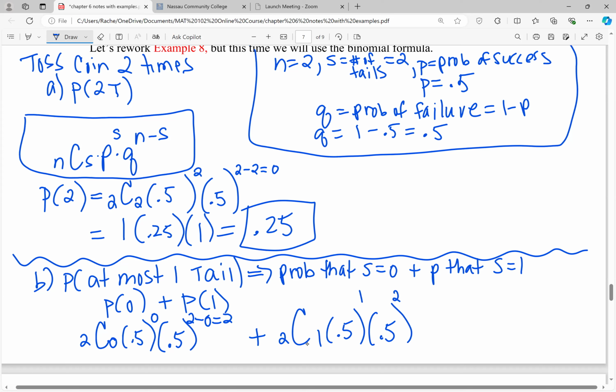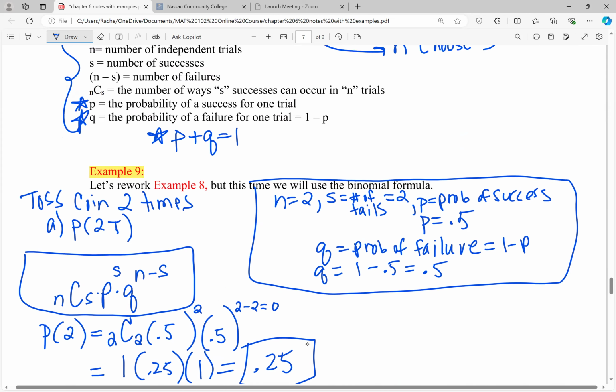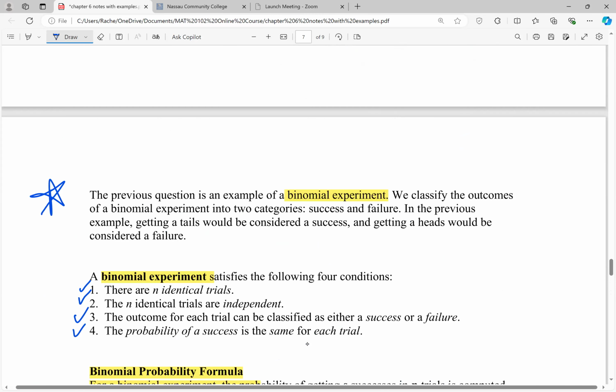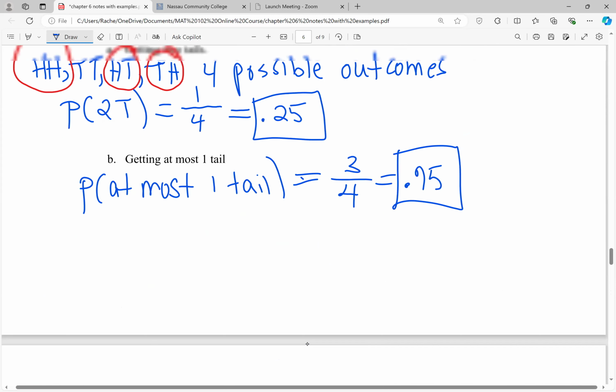So to the n, which is 2, minus the number of successes, which is 1, and that's going to give us 1. So we need to plug into the formula, the binomial formula, 2 times in this case. But we know we should get 0.75 when we do this, right? Because when we did this by hand up here, the probability of at most one tail was equal to 0.75.